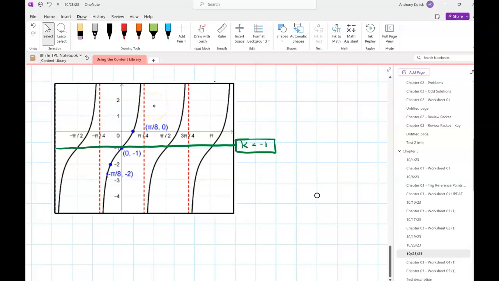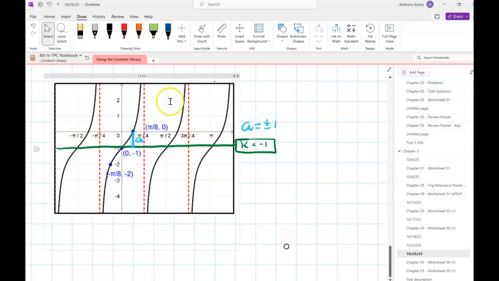Who can tell me what the A is? Well, plus or minus 1. That's good. Everybody's okay there?